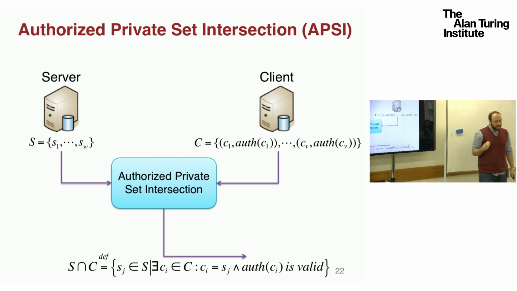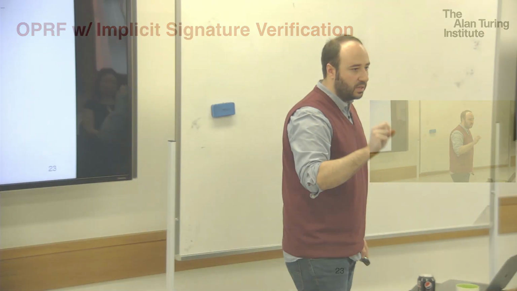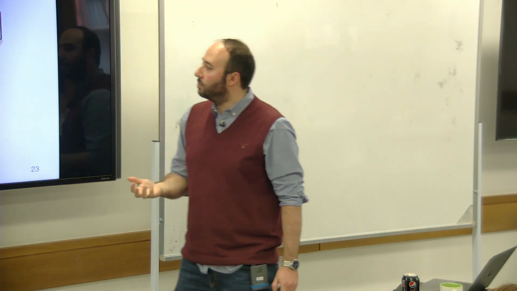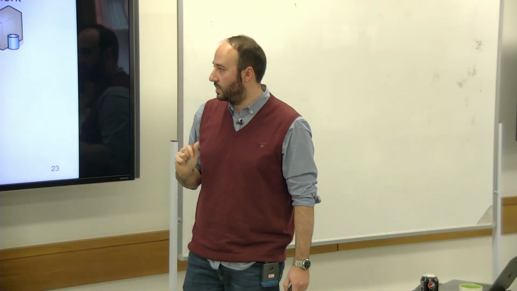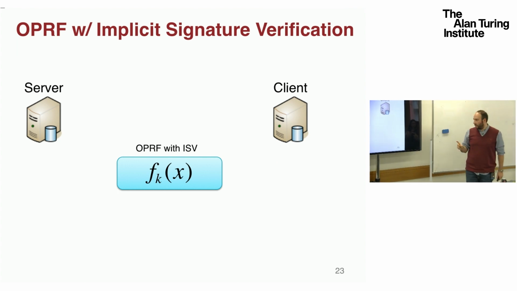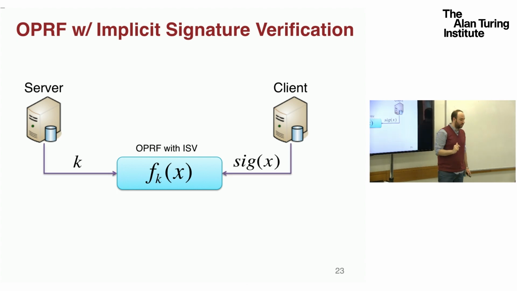So the idea, and it's actually interesting from a research point of view, is to have a mechanism for implicitly verifying the authorization or the signature. What does implicitly mean? It means that it can be verified without actually being shown. Some sort of zero knowledge proof, for those of you who are familiar with it. So how do I do this? I'm going to modify my OPRF to add an extra property which I call implicit signature verification.